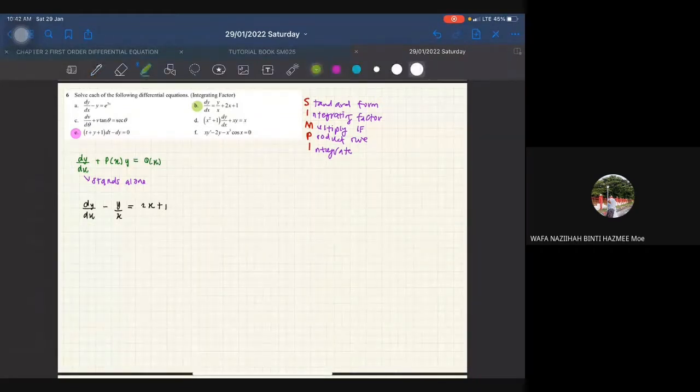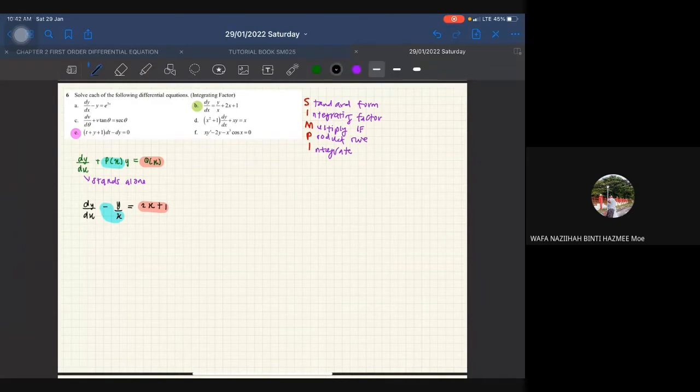You need to always be careful. p(x) is what is in front of y, what is with y. So p(x) is negative 1 over x. The negative must be included, it must be together. And our q(x) is the one at the back. So this is our q(x). The q(x) is okay, but the most important is p(x).